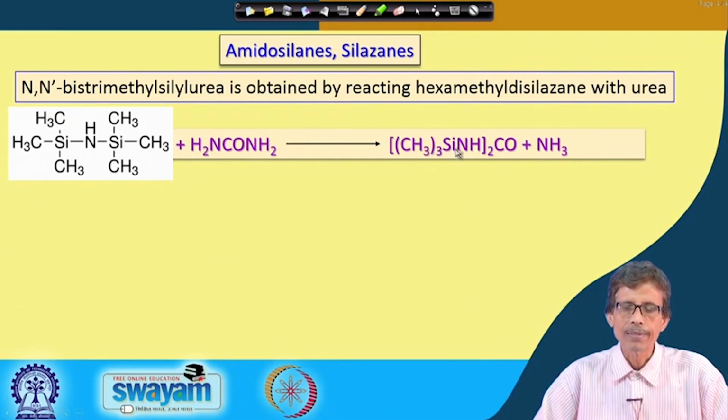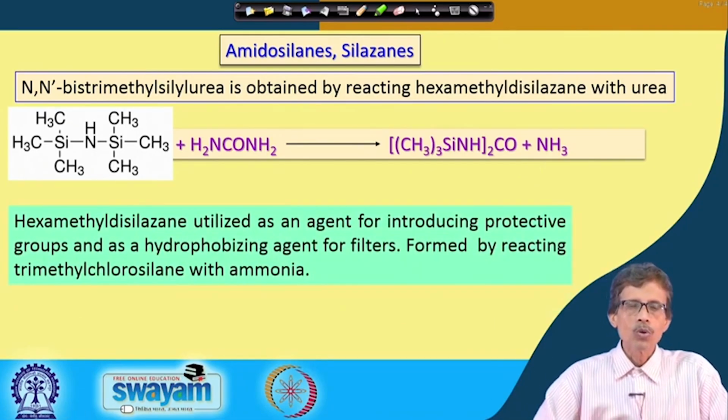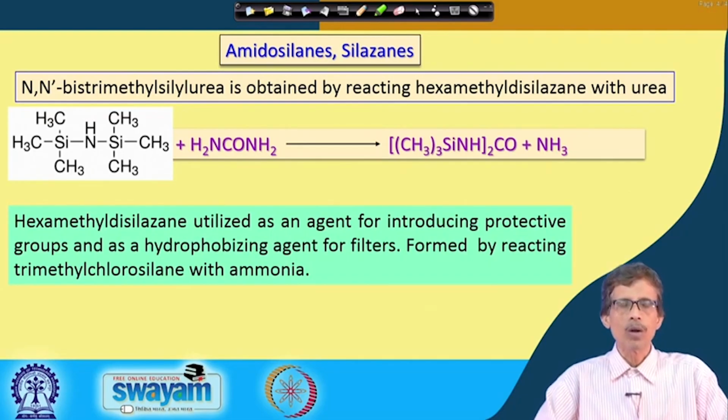So it will be trimethylsilyl NH, twice of that with the CO, giving you that particular desired molecule. So the starting material on which we are adding the urea molecule, hexamethyldisilazane, is utilized as an agent for introducing protective groups. The protective groups are bulky, bigger ones, which are nothing but your trimethyl groups.